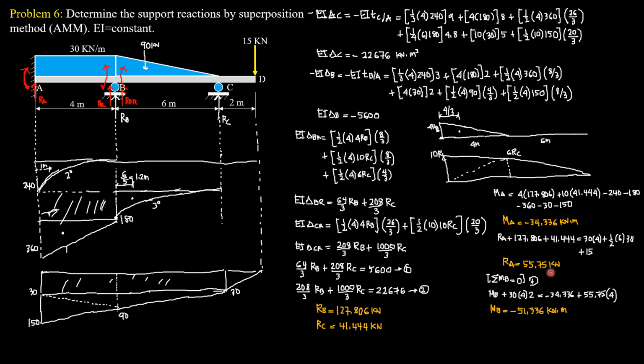Now, if you want to compute the moment at B, we will consider AB, and this is the positive sense of moment at B. Summation moment about B equals 0, counterclockwise positive.